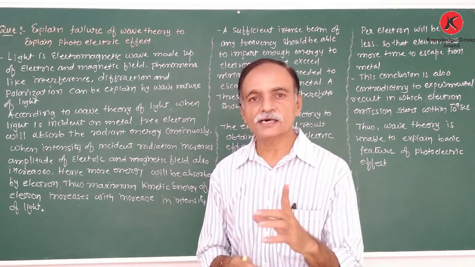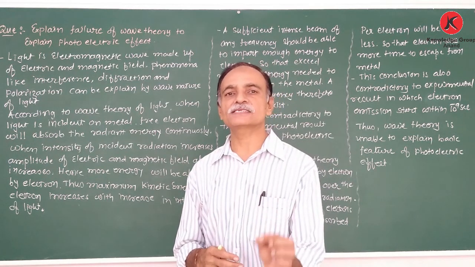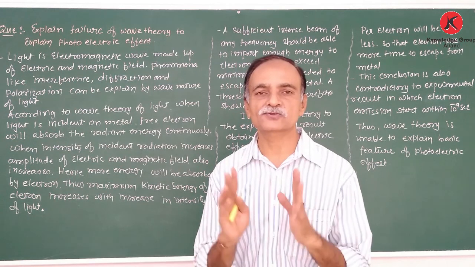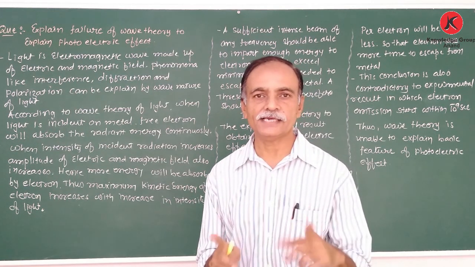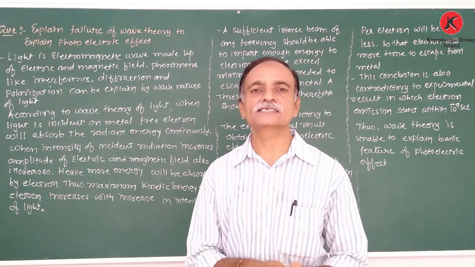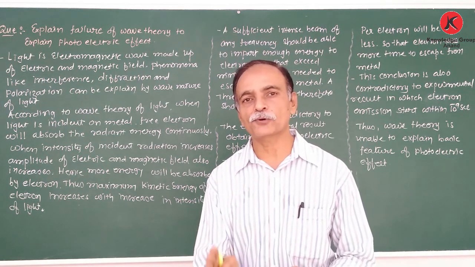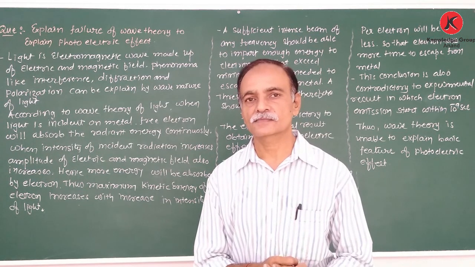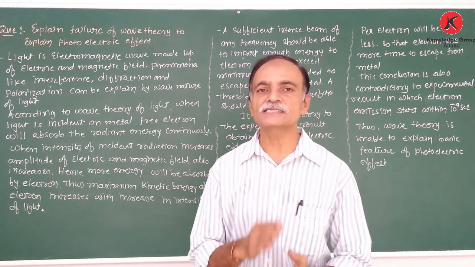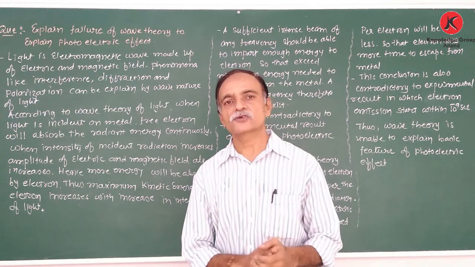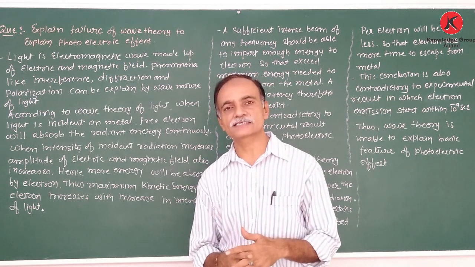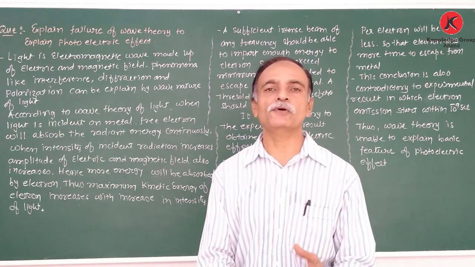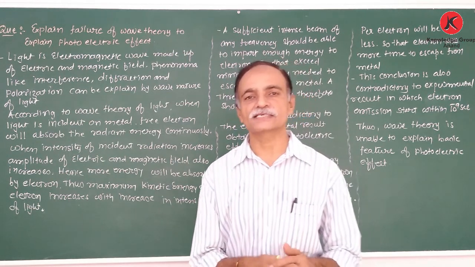To produce the photoelectric effect, the frequency of the incident radiation must be greater than the threshold frequency. Clear? As the frequency increases, the kinetic energy of emitted photoelectrons, that means the stopping potential, also increases. And as the intensity of the incident radiation increases, the number of emitted photoelectrons increases, that means the photoelectric current also increases.